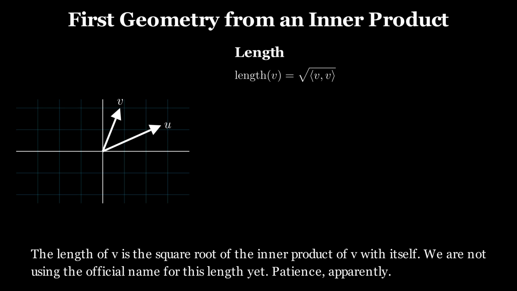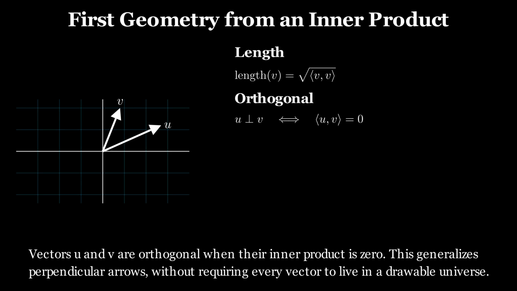The length of v is the square root of the inner product of v with itself. We are not using the official name for this length yet. Patience. Apparently, vectors u and v are orthogonal when their inner product is zero. This generalizes perpendicular arrows, without requiring every vector to live in a drawable universe.